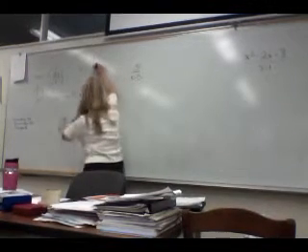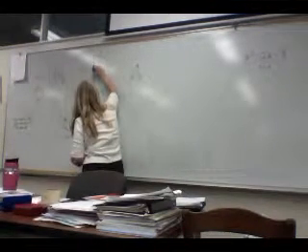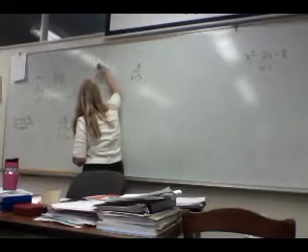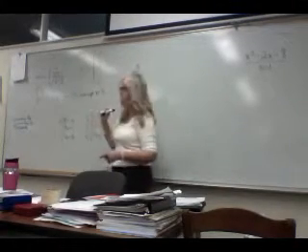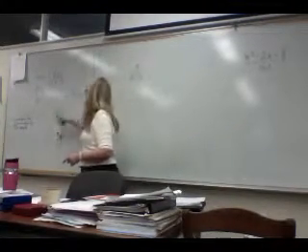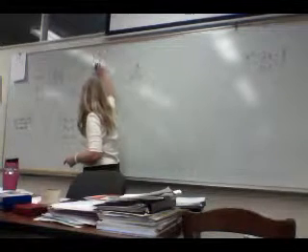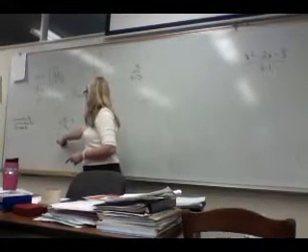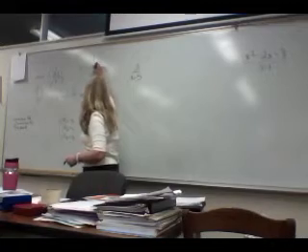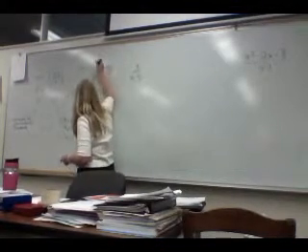So to the left, 2 to the left of 3 and down 1 is a point. Then 1, and down 1. Then 0, and down about a third.